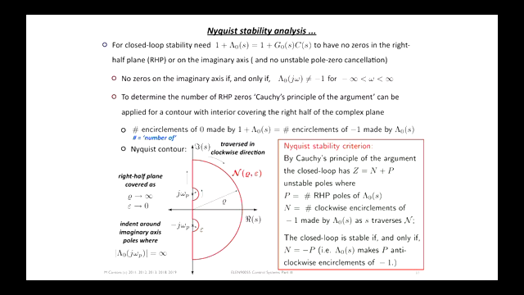If we just evaluate this function along the imaginary axis, then we'll get a new curve, right? Remember, this is just a complex number, so it'll have a real part and an imaginary part.